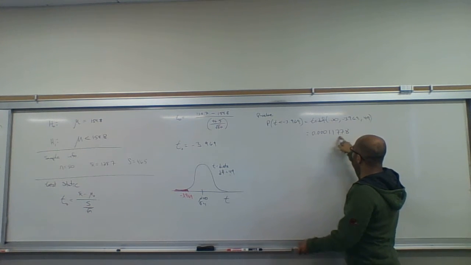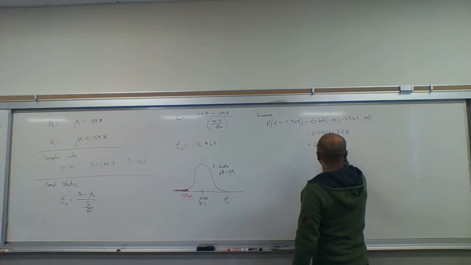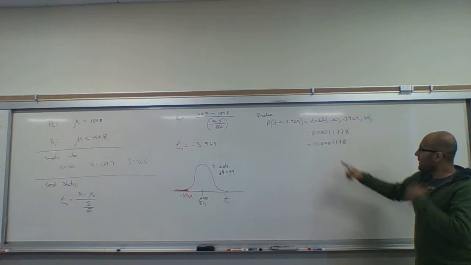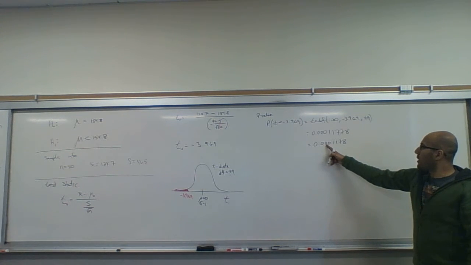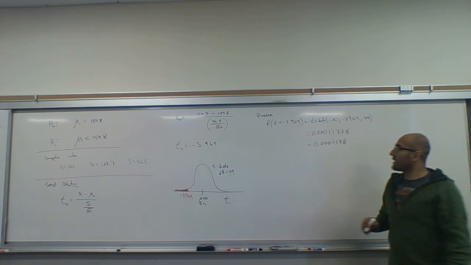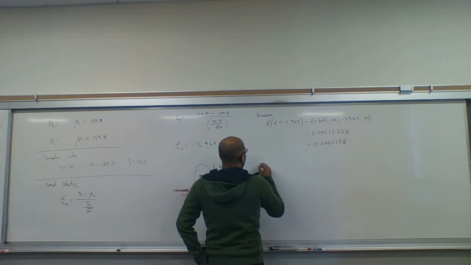And then, of course, if we want to round to 4 significant values, 0.0001178. And that's pretty small, right? That's way smaller than even 1%. So that's pretty small. And now we compare it to alpha. That's our last step. Compare alpha to the p-value.